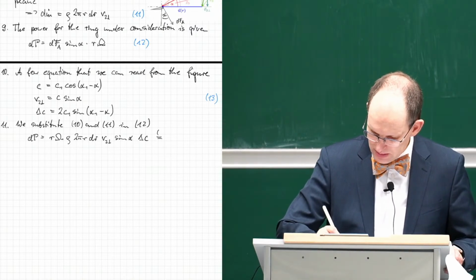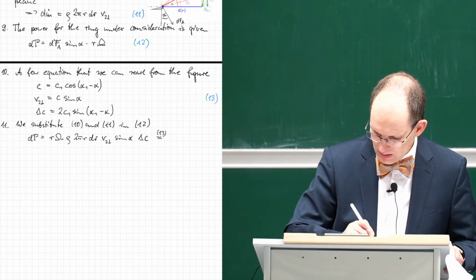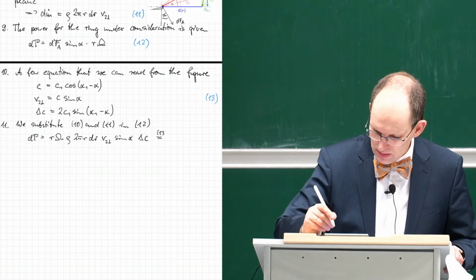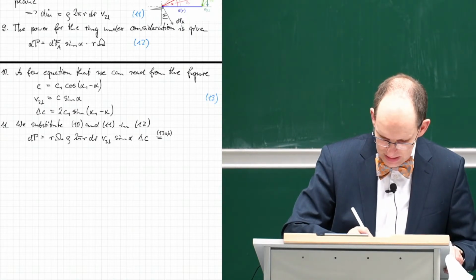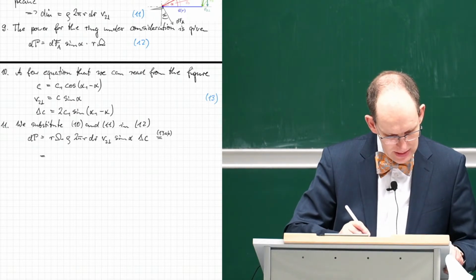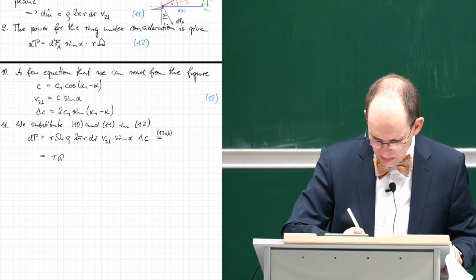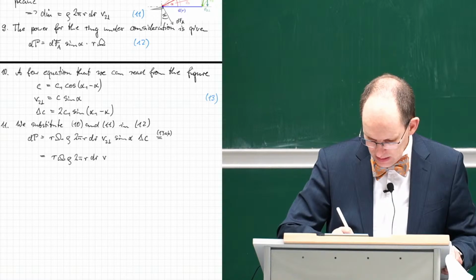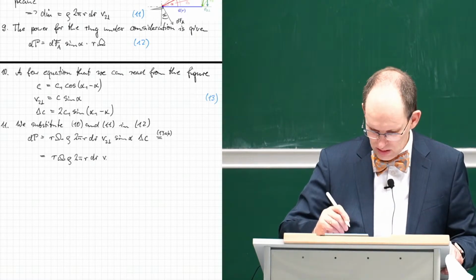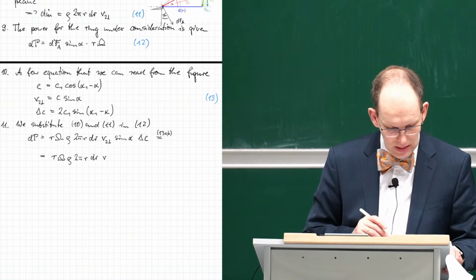And now we use equations 13A and B, actually 13A and B. And then we find R times omega times rho times 2 pi r dr. V2, no, actually this I replace with 13B.